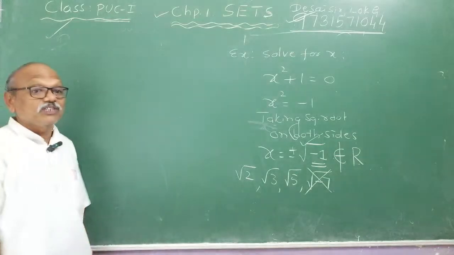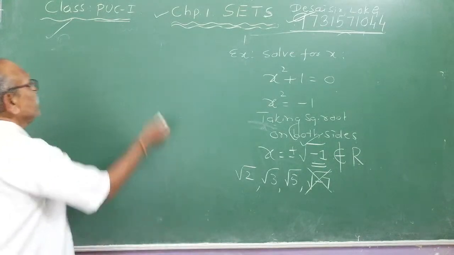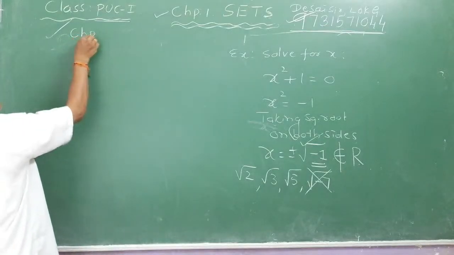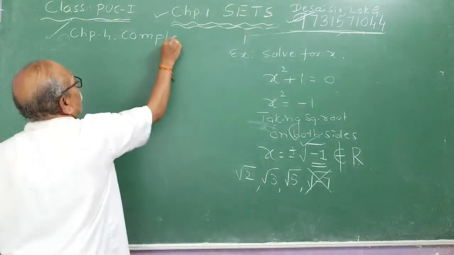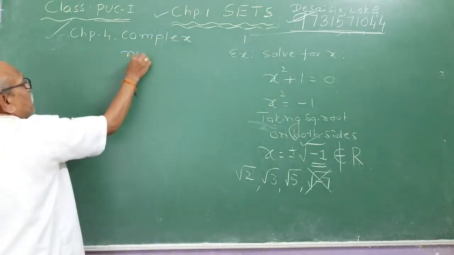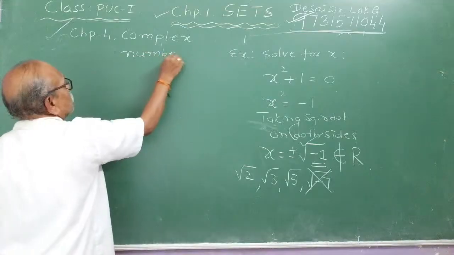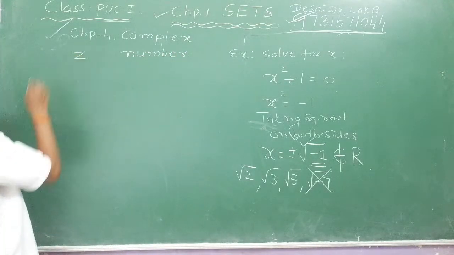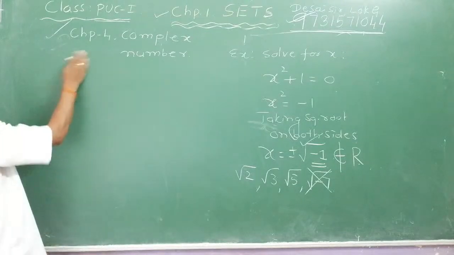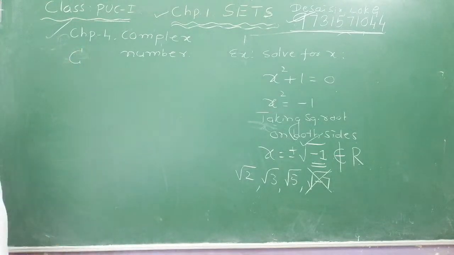This complex number set is the biggest set known to us now. We represent it by a symbol C, the set of complex numbers.